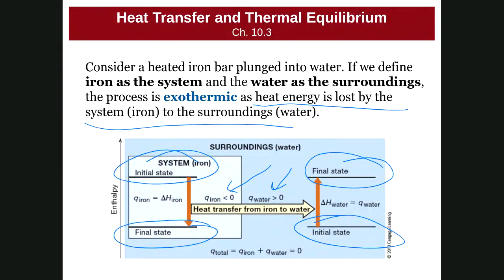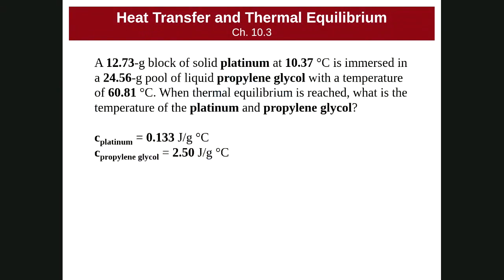But when we add it all together, the positive heat gained and the negative heat lost is still equal to 0. The heat is not created or destroyed, just transferred between the system and the surroundings.